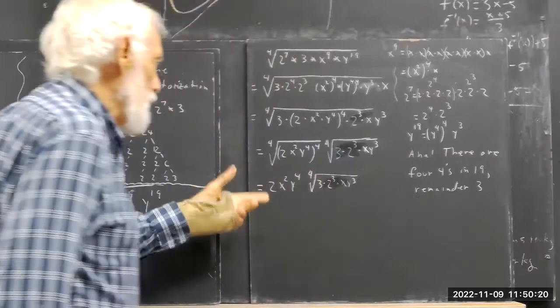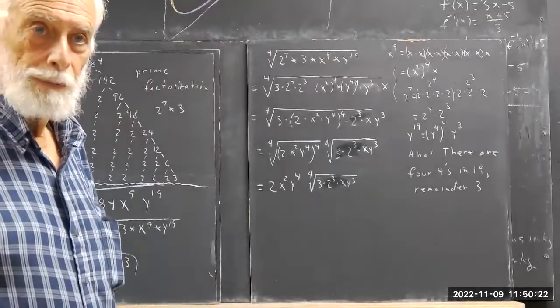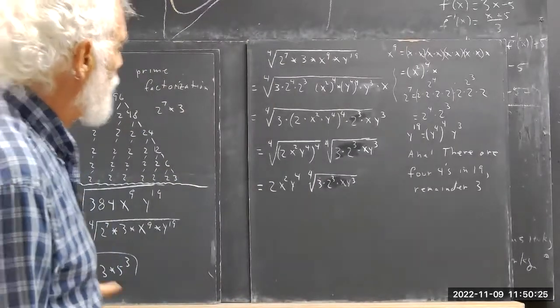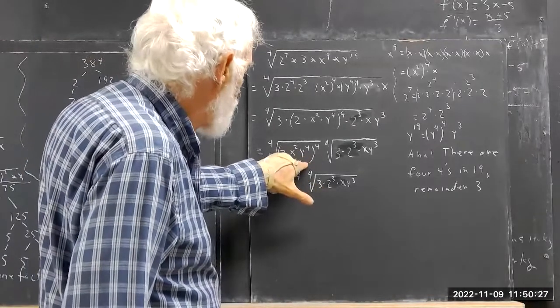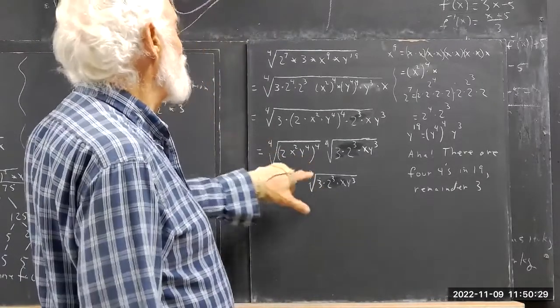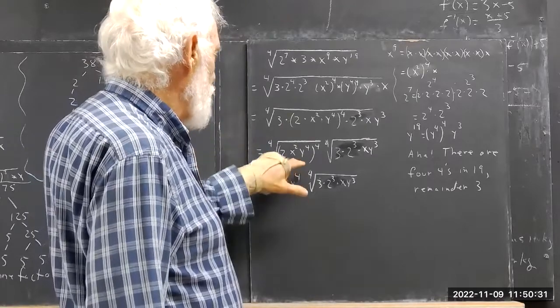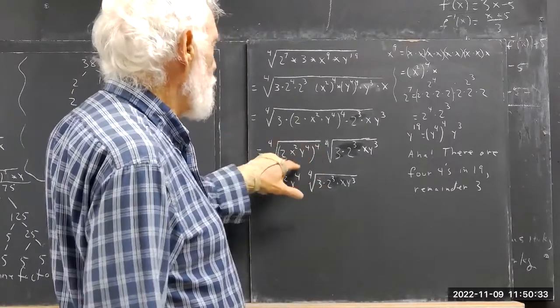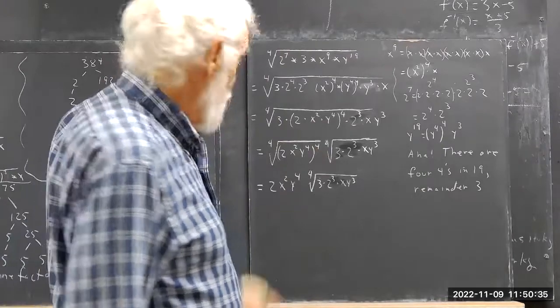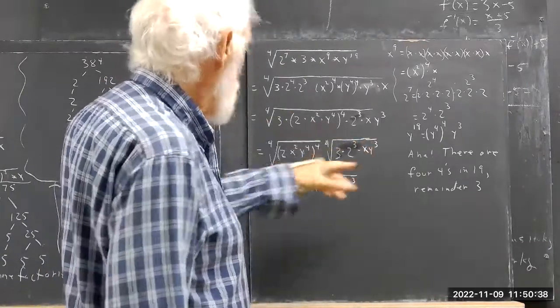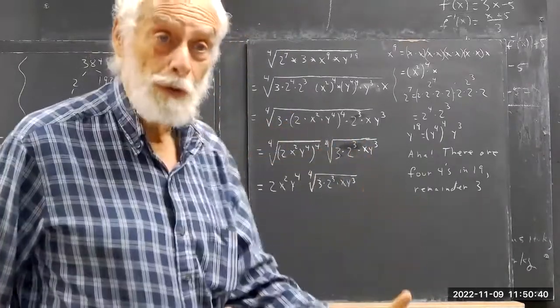And I'm going to write it out here, 3 times 2 cubed times xy cubed. Because now I can go back and just make sure everything agrees. Okay? Now if I take this, I've got something to the fourth. If I'm taking the fourth root of something to the fourth power, then just that something comes out. The fourth power goes away because you're taking the fourth root of it.